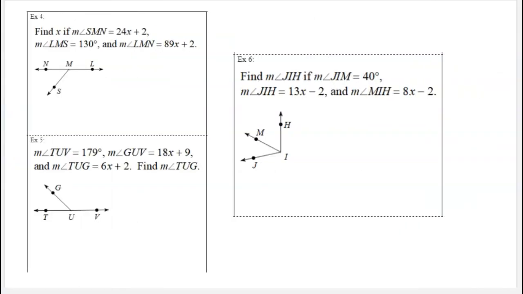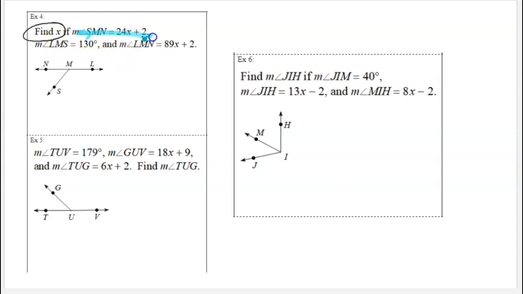We have just 3 examples left. All right, we have 3 more problems to do with algebra. Again, in this problem, we are asked to find x. So let's get into our labeling.